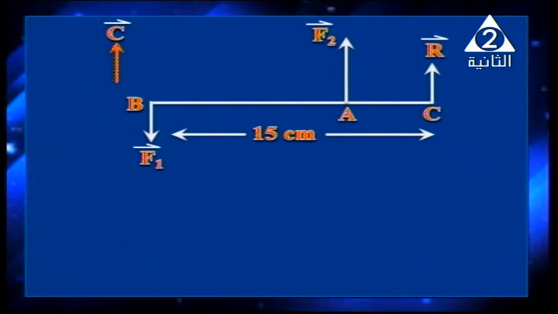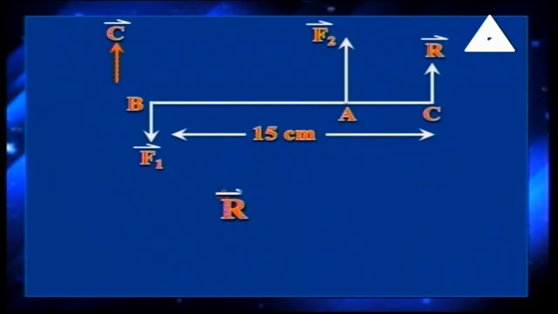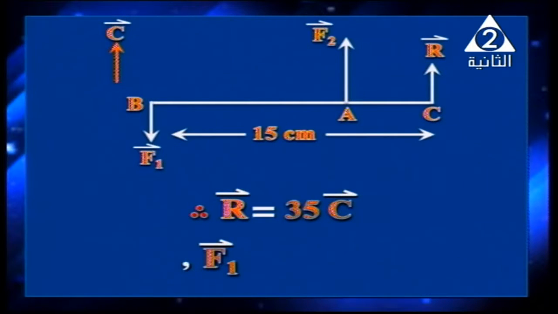We know that AB is 15 centimeter. Therefore, R equals 35 C from given, F1 is negative 20 C direction.